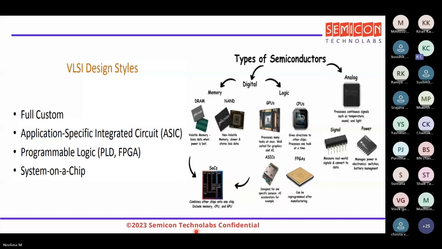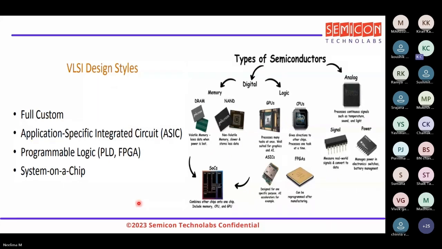This is possible nowadays not just because of reduction in the transistor size, but improvement in the semiconductor technology as well. Both have to go hand in hand. One is semiconductor technology, another one is transistor technology. Because of semiconductor technology, we are now able to meet the SOC requirements.